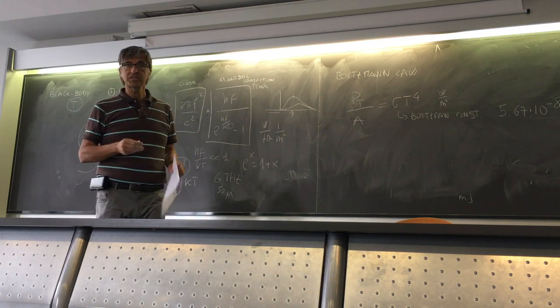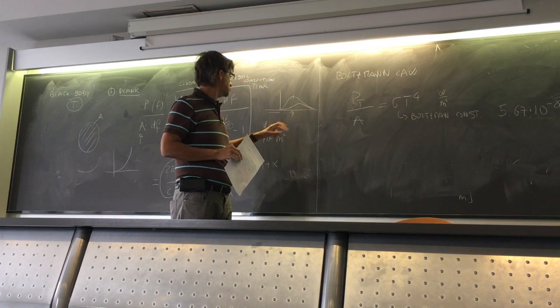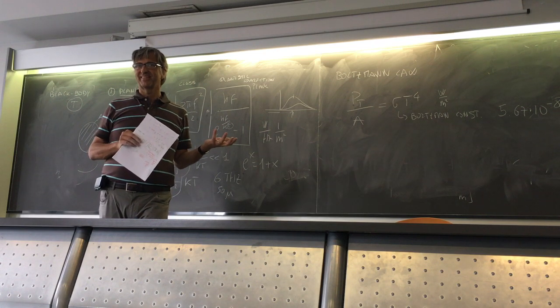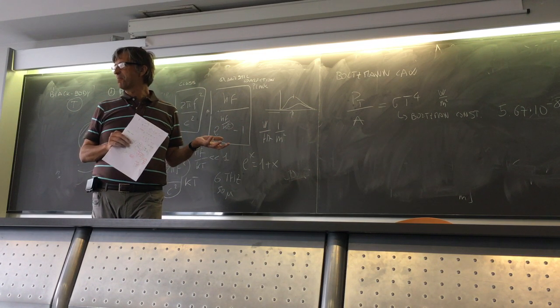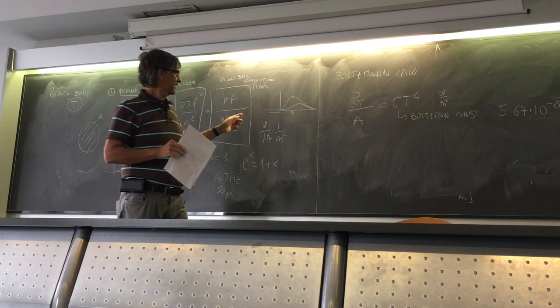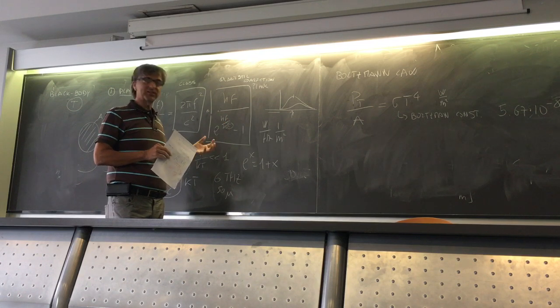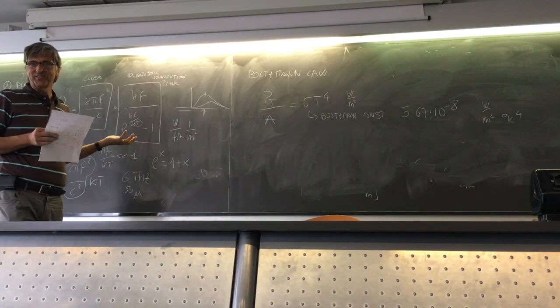So you have a frequency where there is a maximum emission of energy, and this maximum depends only on t. This equation has a maximum, this equation depends only on t, so the maximum should depend only on t.